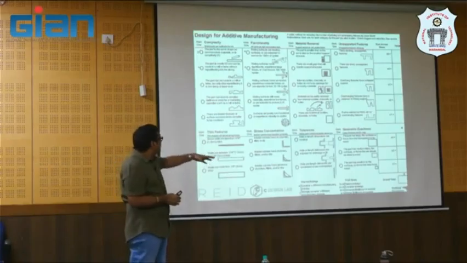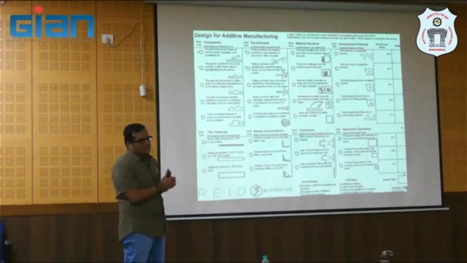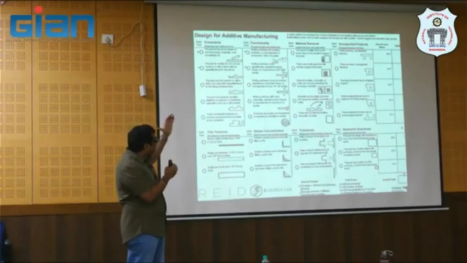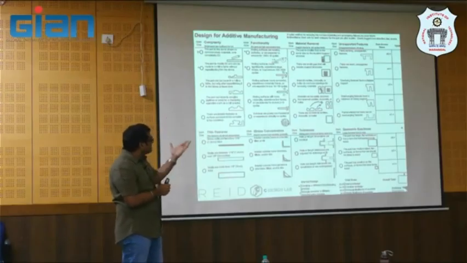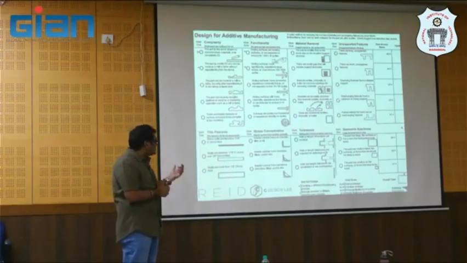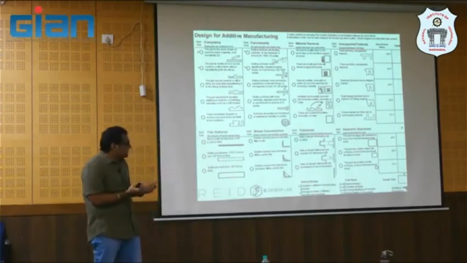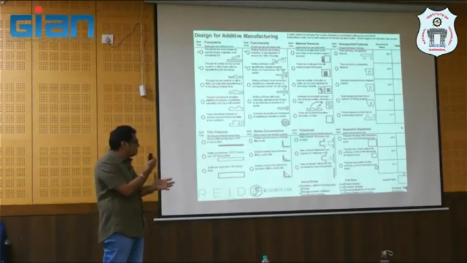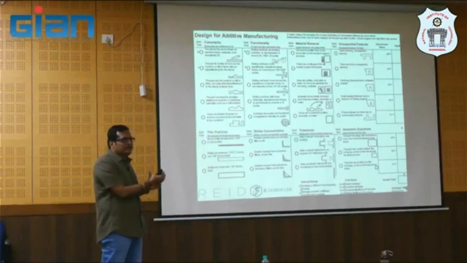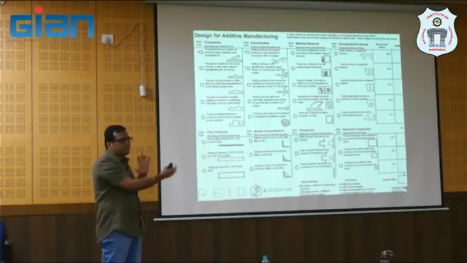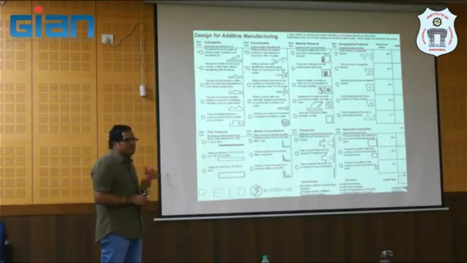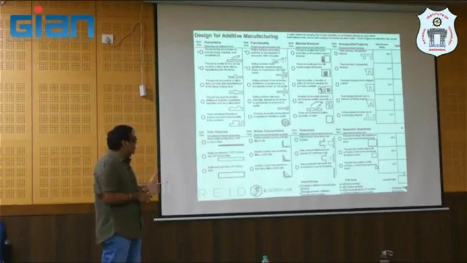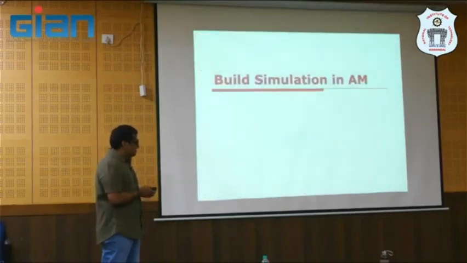The metrics for that are: complexity, functionality, material removal, unsupported features, thin features, stress concentration, tolerance, geometrical exactness. So they have devised a matrix by categorizing various parameters, and once you run your design through it, it will tell you the failure rate of that particular design.